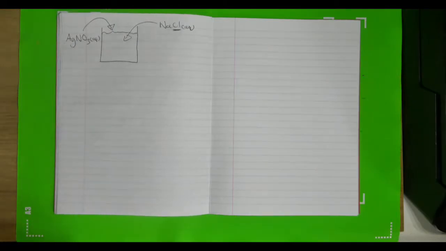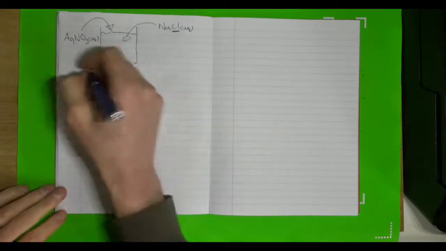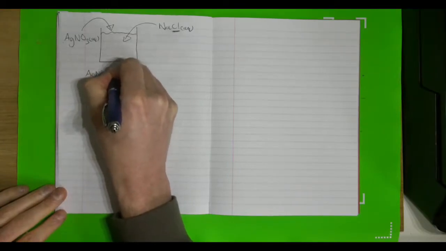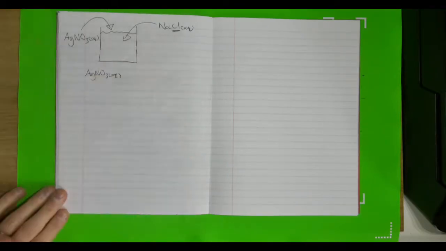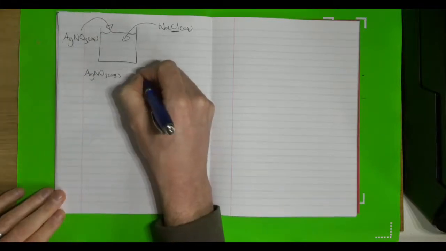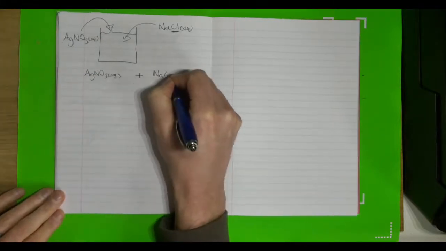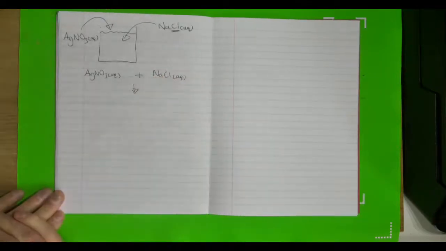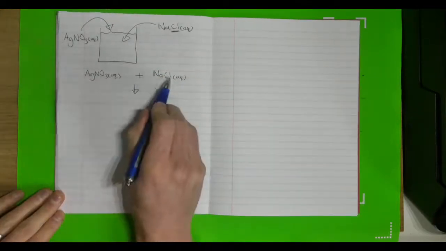So let's have a look to see what's happening here. The silver nitrate will react with the sodium chloride, and that will produce silver chloride.